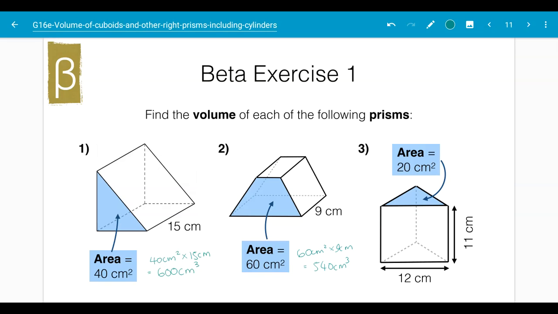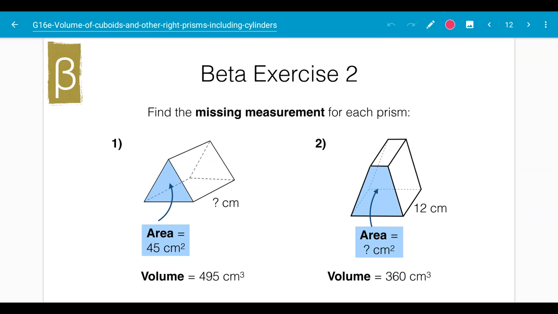This shouldn't really matter. Sometimes we say it's the height, sometimes we say it's the length. It's whatever is perpendicular to the cross section. So in this case, the length is the 11 centimeters. So we get 20 centimeters squared multiplied by 11 centimeters, which would be 220 centimeters cubed.